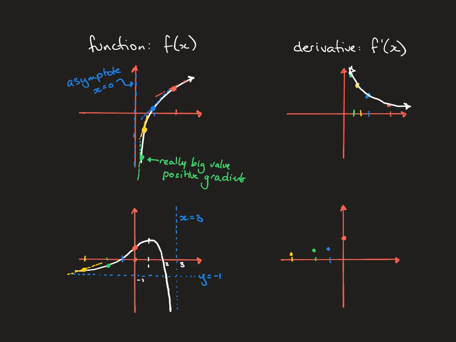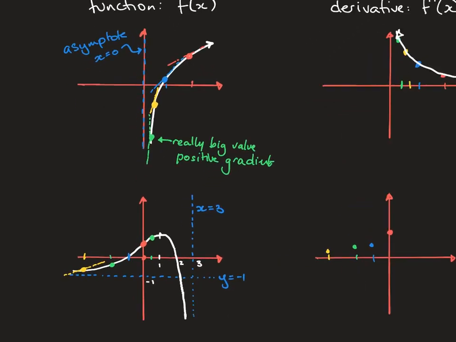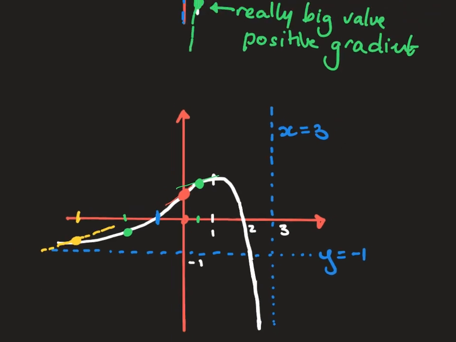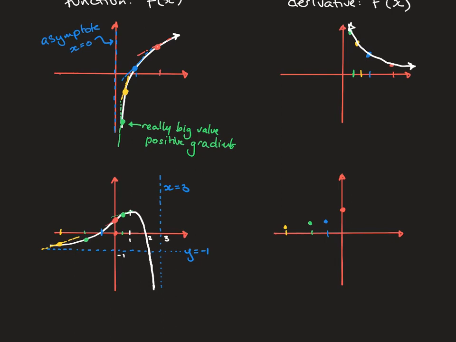And then just to the left-hand side of that, it starts to become less positive. Can you see that the slope, I'm going to zoom in here so you can see, can you see that the slope here is steeper than that slope there? And so on our derivative graph, at the point just past the x-axis, it's going to start to come down again.